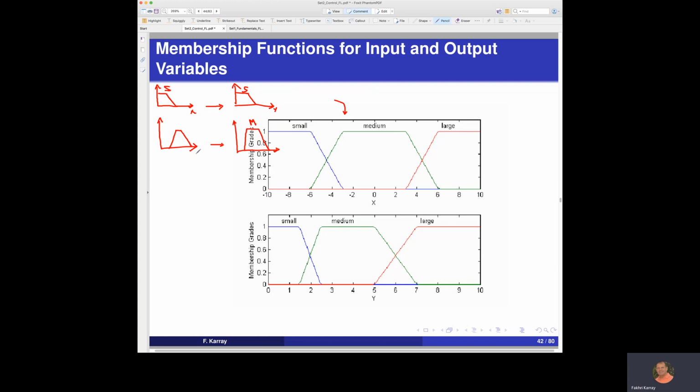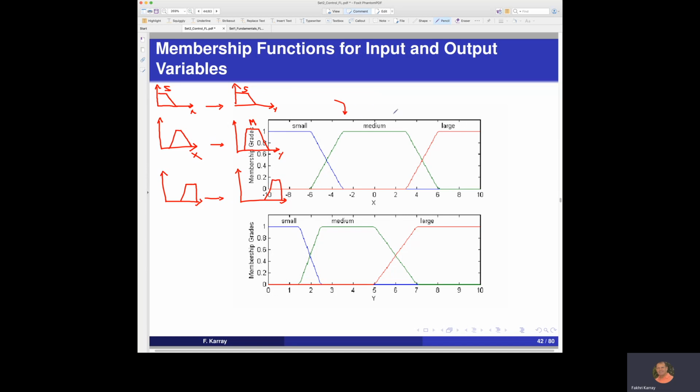Okay, so these are the universes of discourse of the antecedent, and this is of the consequent. And the third one is going to be: if x is large, okay, then y is large, and the large of y again is over a different universe of discourse.